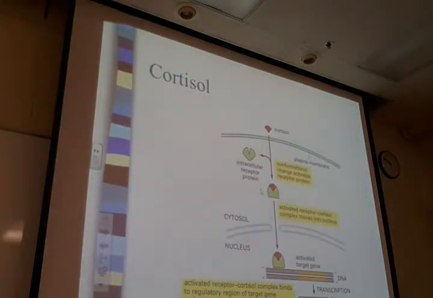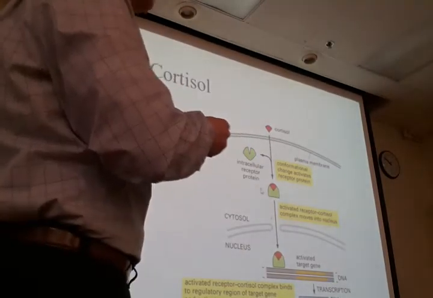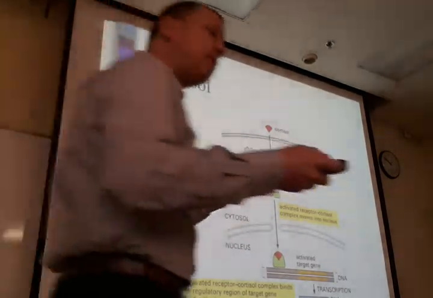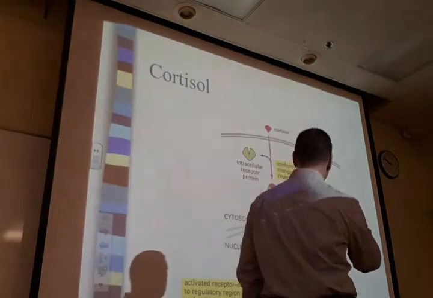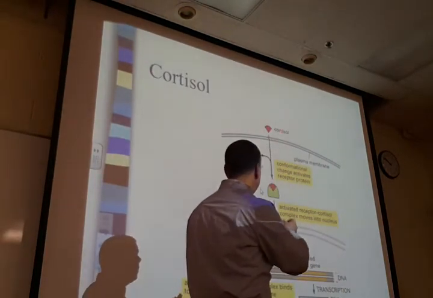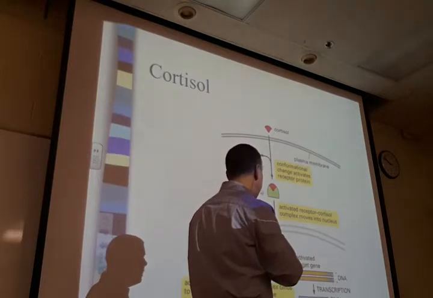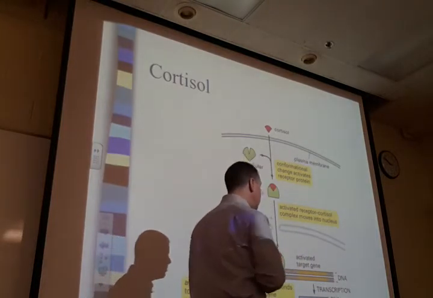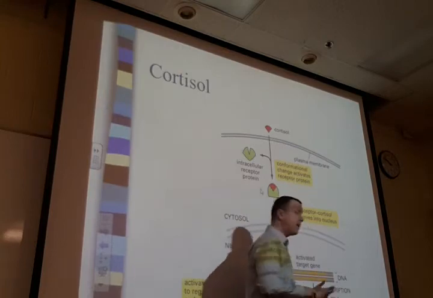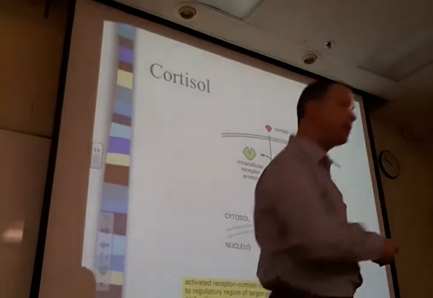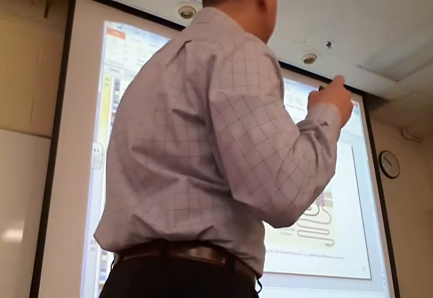And this is the same thing. This one's from your book. So again, cortisol, which is an anti-inflammatory. If you've ever had a cortisone shot, it works the same way. It can cross the membrane, hooks up with this receptor, gets in the nucleus, and triggers specific genes to turn on that have anti-inflammatory activity in this example.